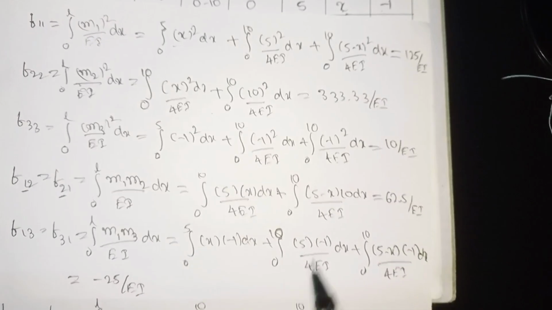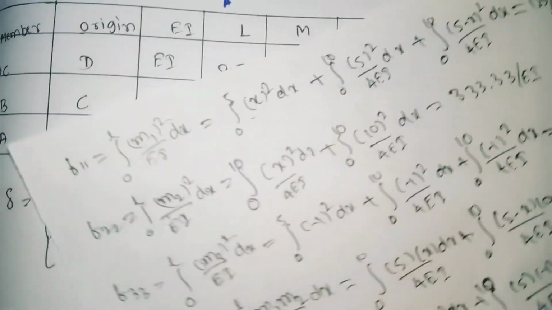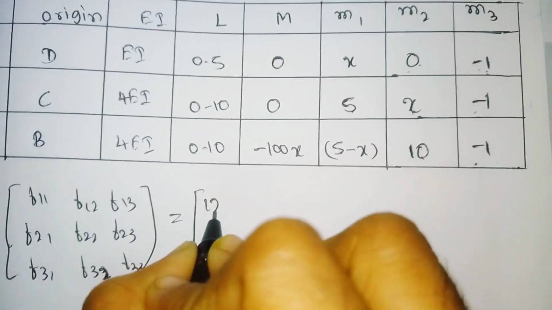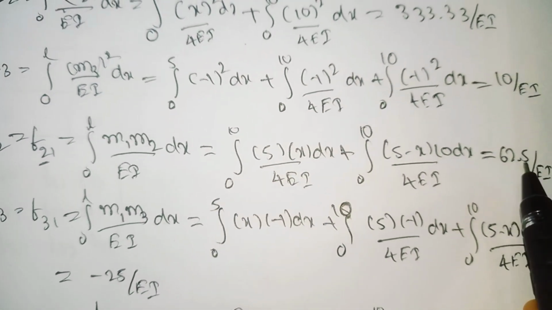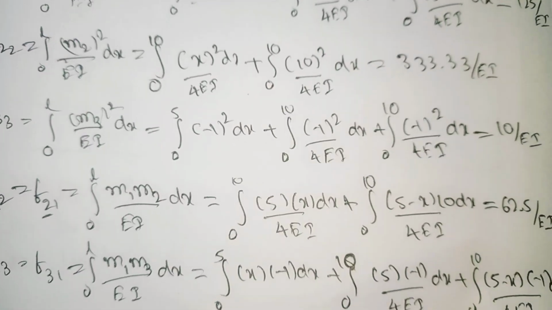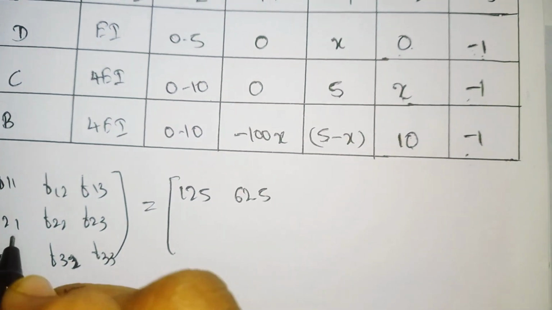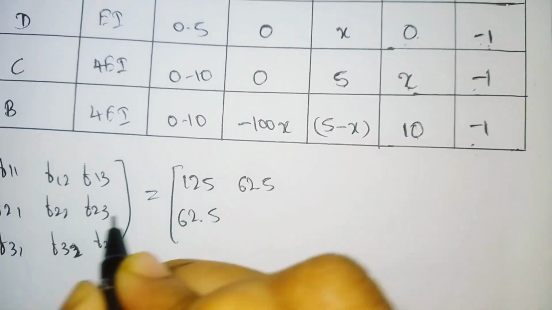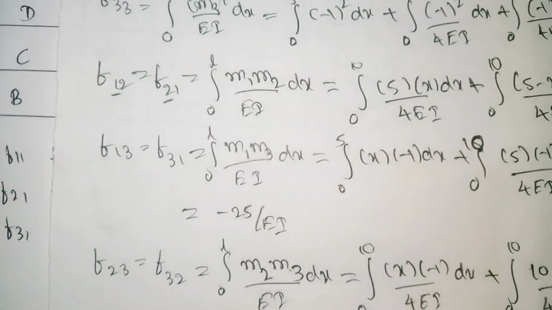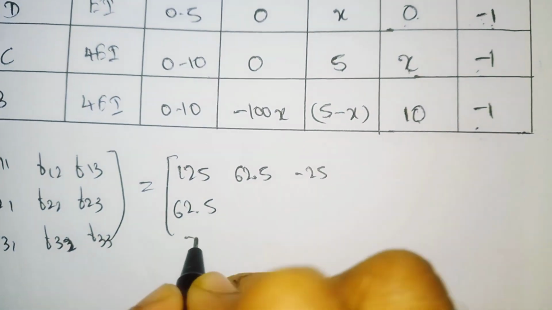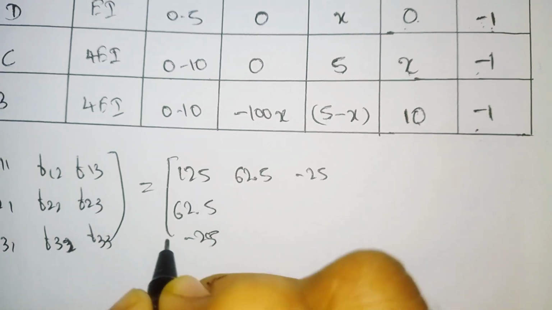Now we have solved all the values, so put here the f11 value we got, 125. So 125, f12 value we got was 62.5, so 62.5, and f21 value is also 62.5. f13 value we got was minus 25, so minus 25, here also minus 25, f31.